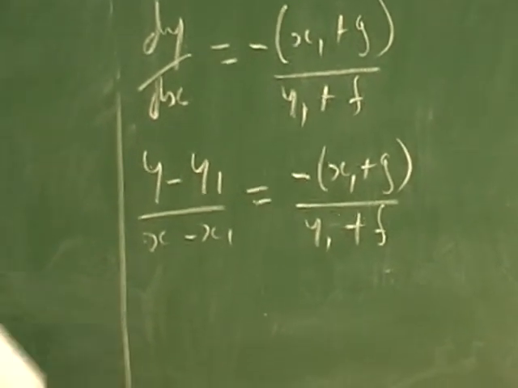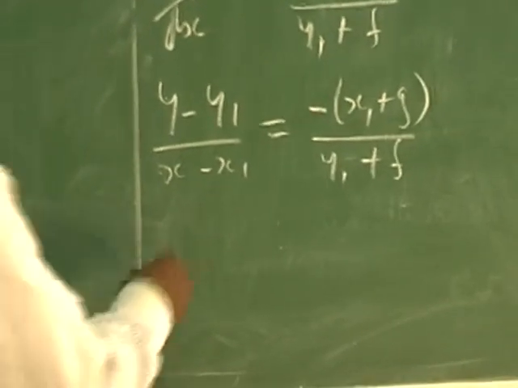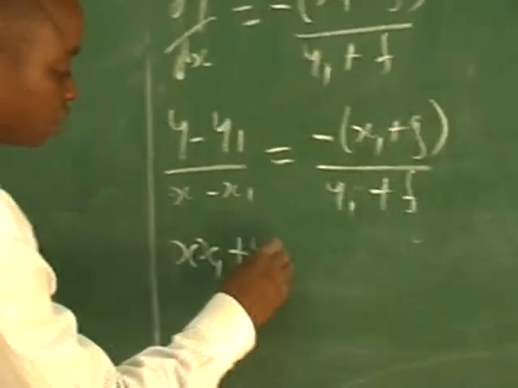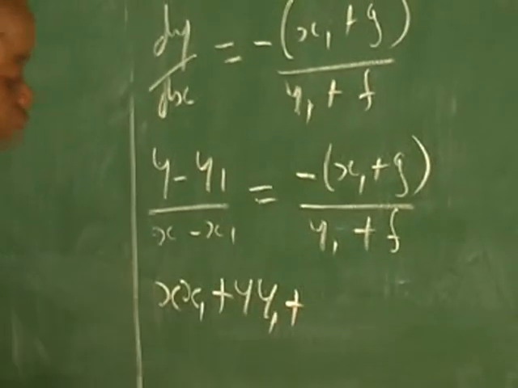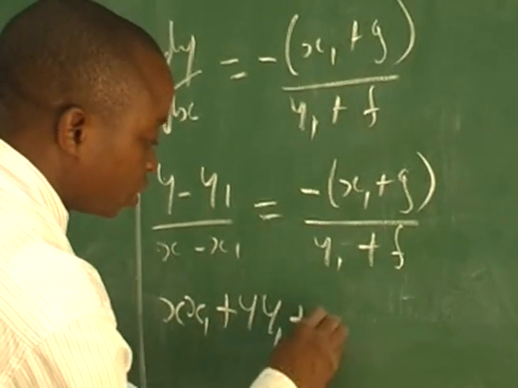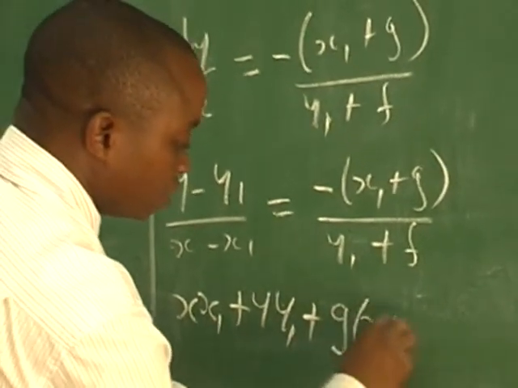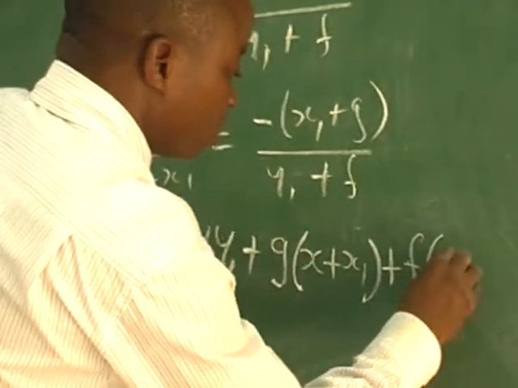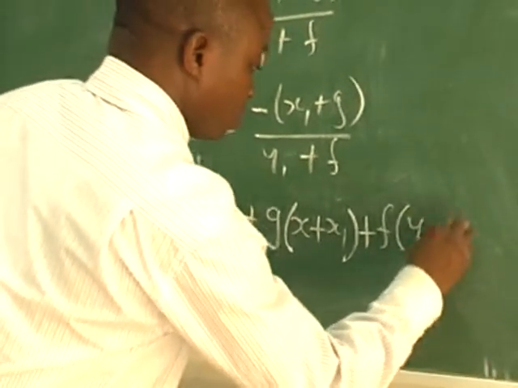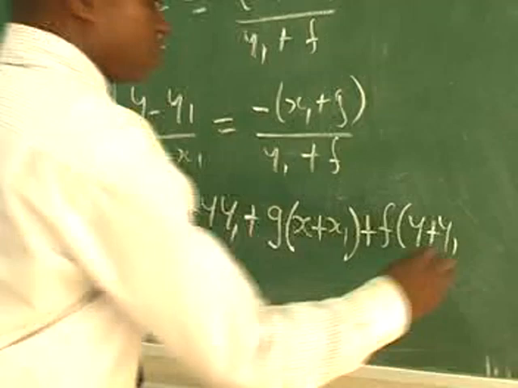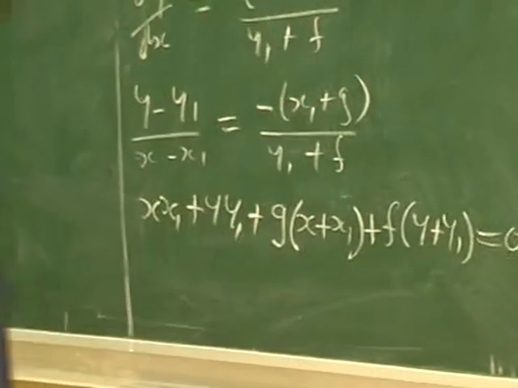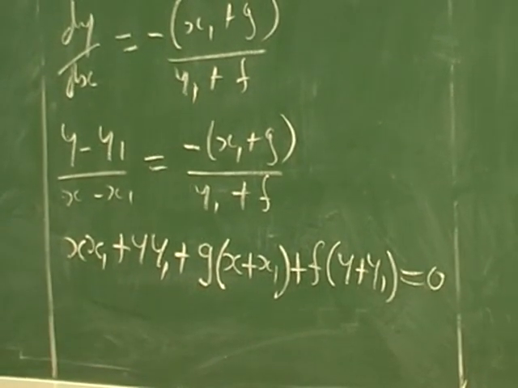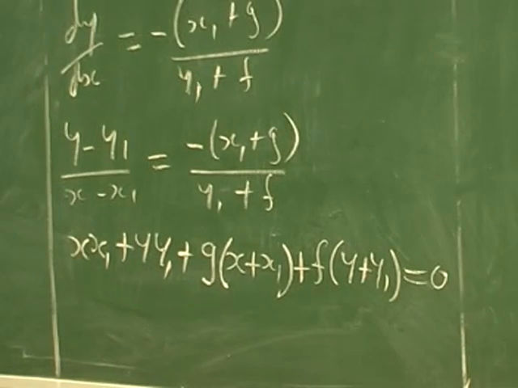To simplify the whole thing, the equation of the tangent of the circle is given by x times x1 plus y times y1 plus g bracket x plus x1 plus f bracket y plus y1 is equal to 0.